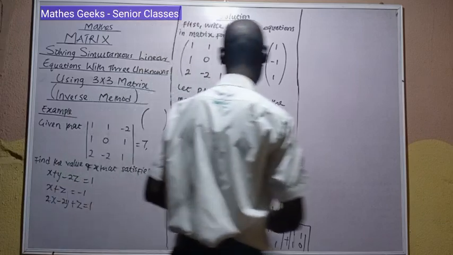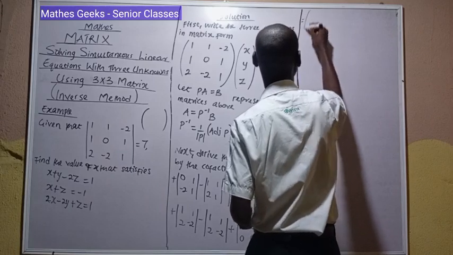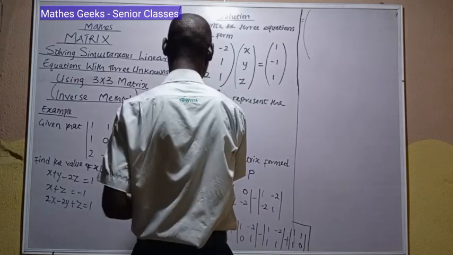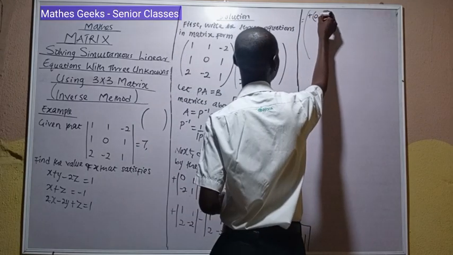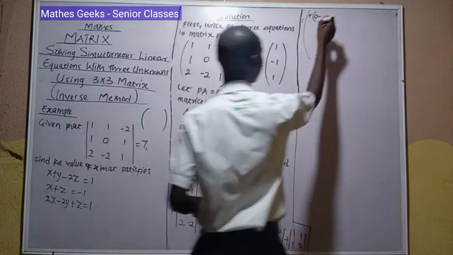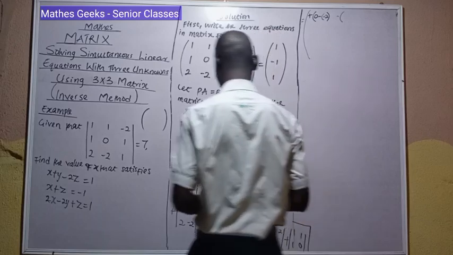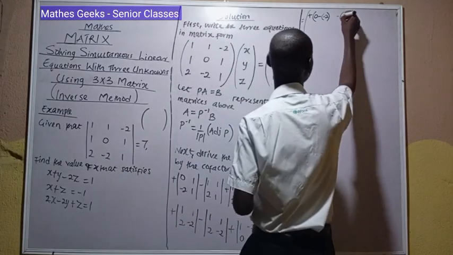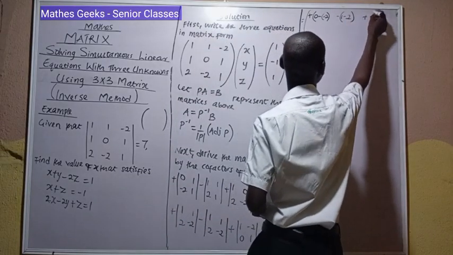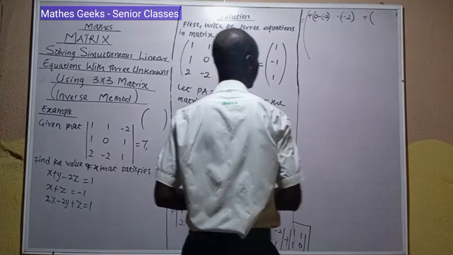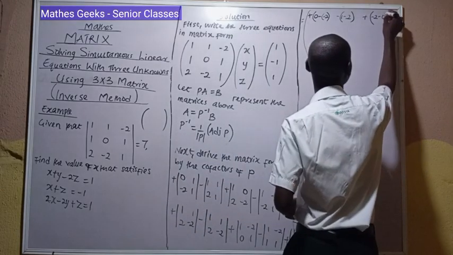Now the next thing we're going to do is to get the cofactors. So this will give us, equals to, put our plus sign. 0 times 1 is 0 minus 1 times minus 2 is minus 2, then minus, sorry, 1 times 1 is 1 minus 1 times 2 is 2, with a plus sign, plus 1 times minus 2 minus 2 minus 0 times 2 is 0.